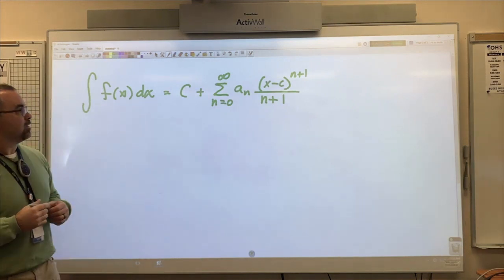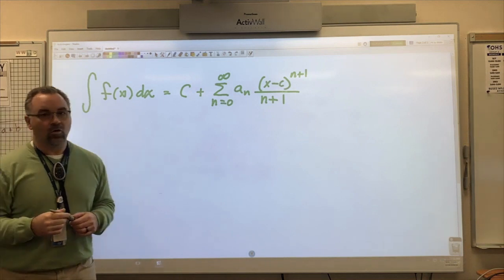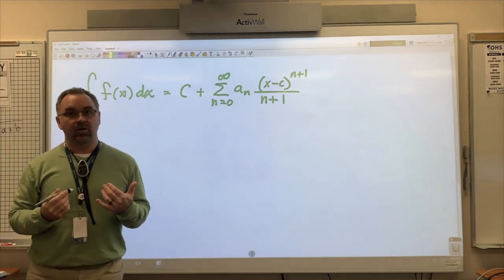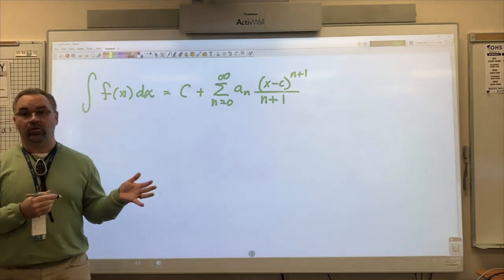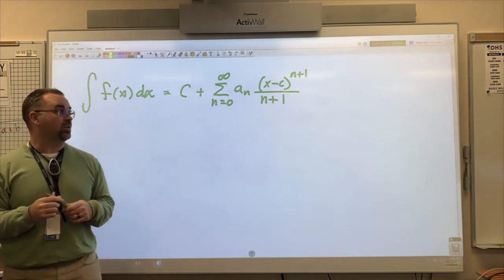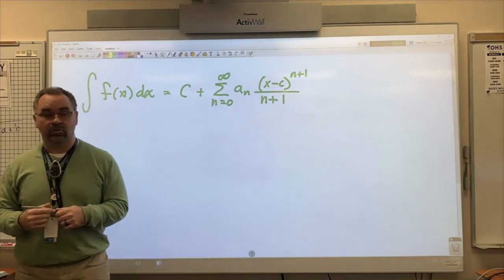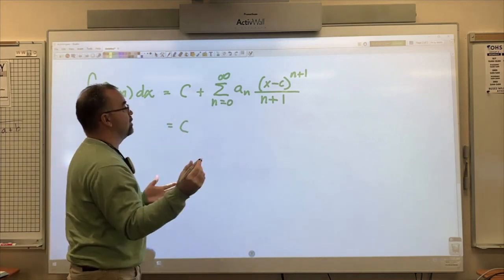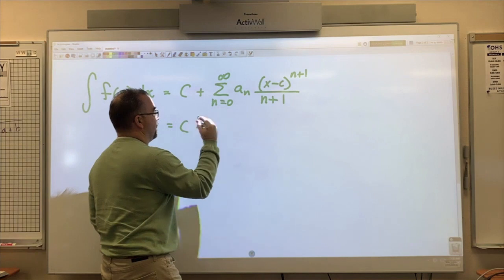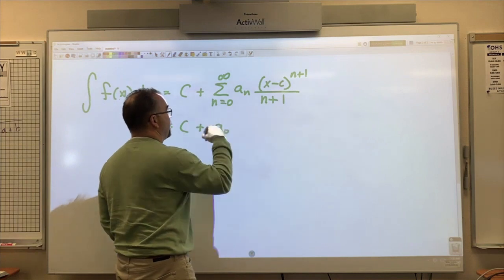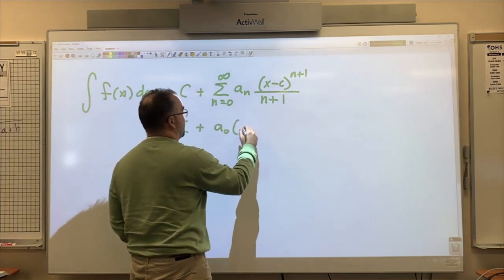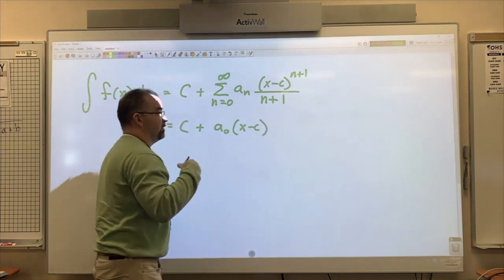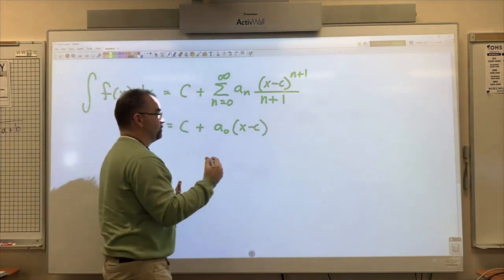Thinking about then my original power series that I had, I would integrate each one of those terms, and you would see that this is exactly what we would get. If n is 0, then we get a0 multiplied by x minus c to the first power over 1.